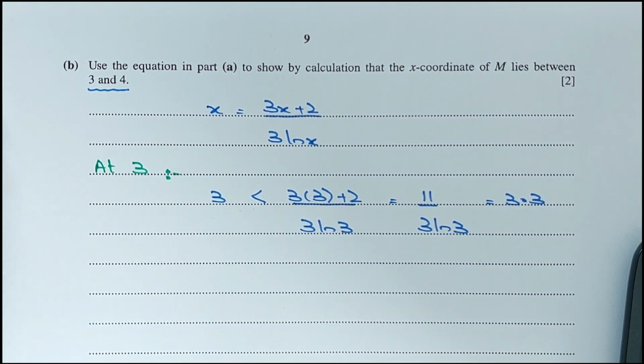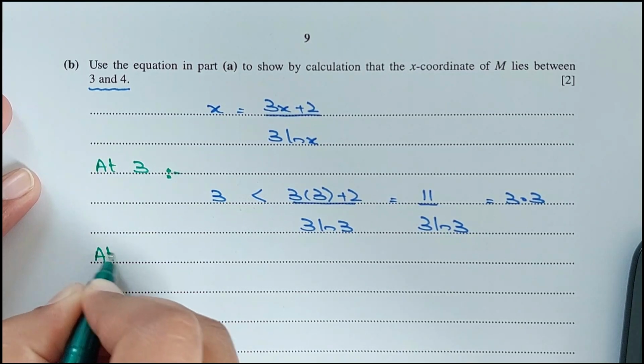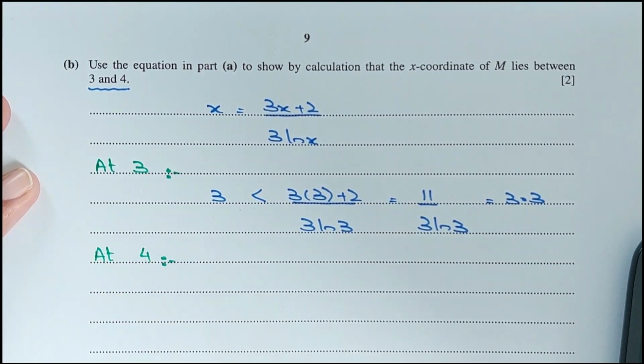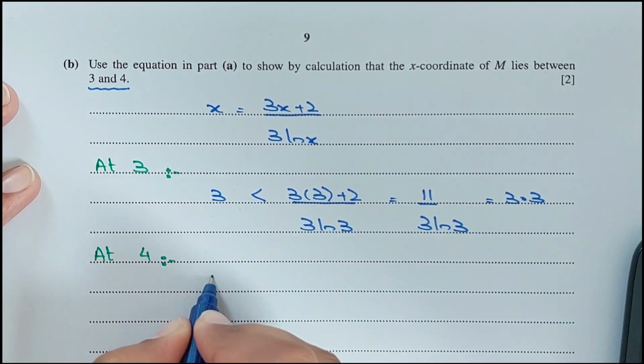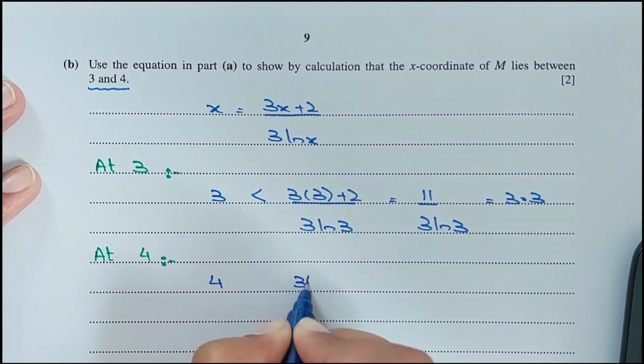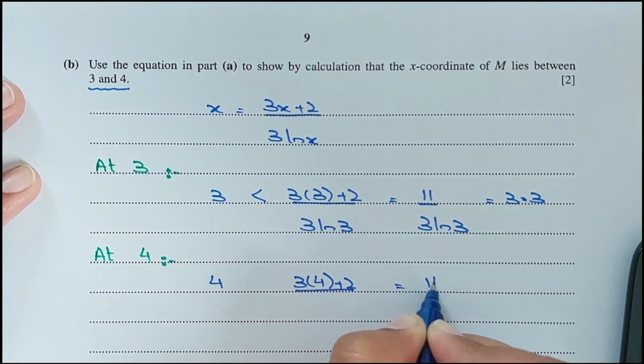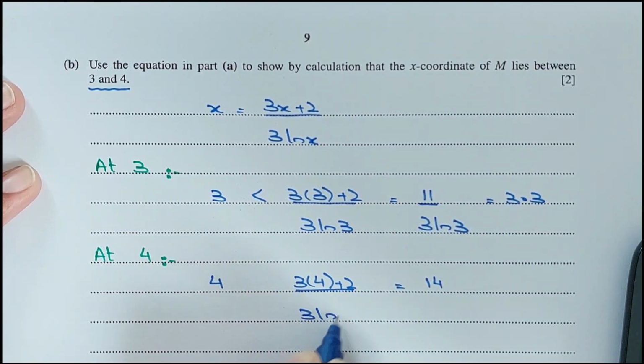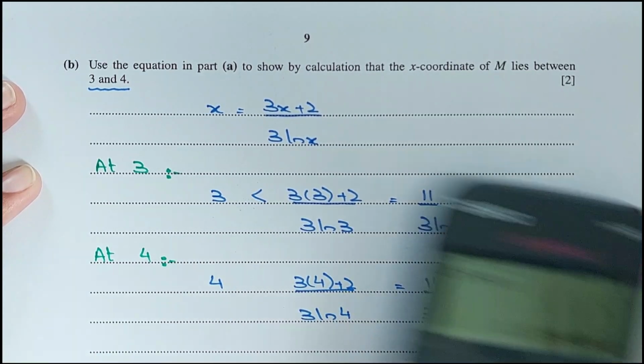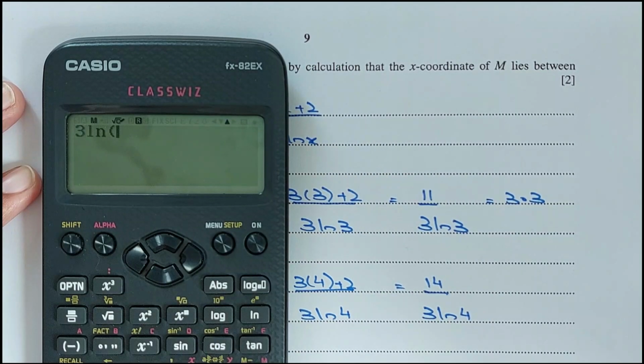Okay, so at 4 we can check. We have 4 here. 3 times 4 is 12. 12 plus 2 is 14 over 3 ln 4. Okay, 14 divided by 3 ln 4.